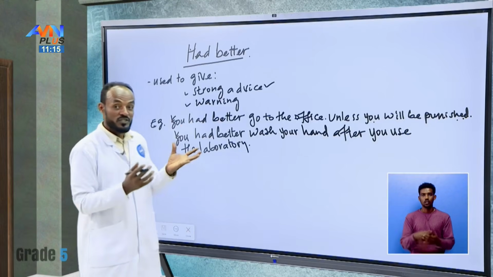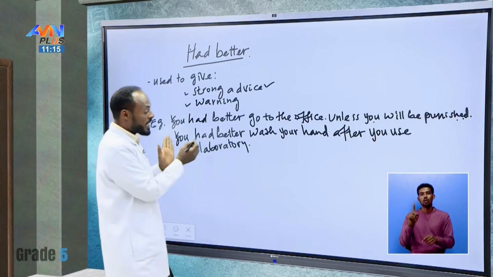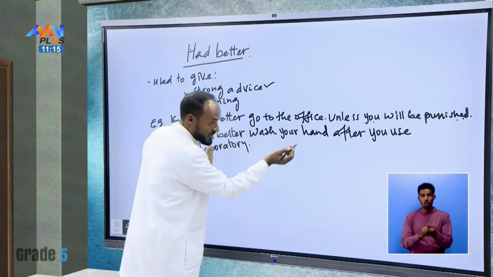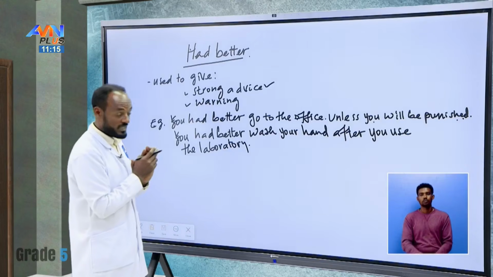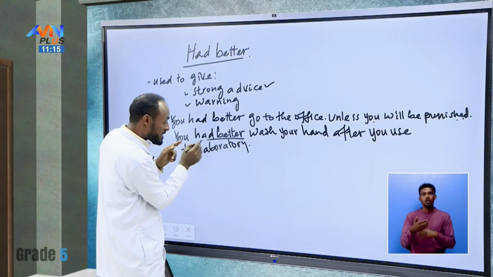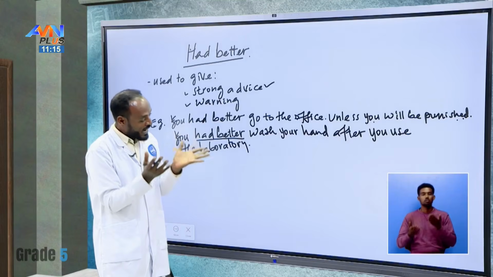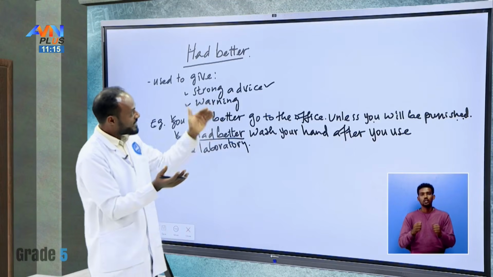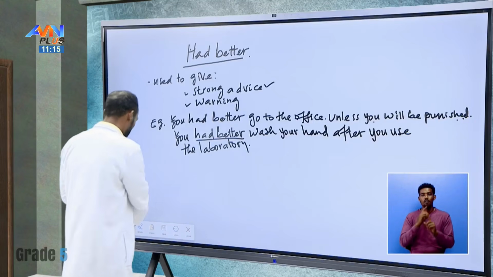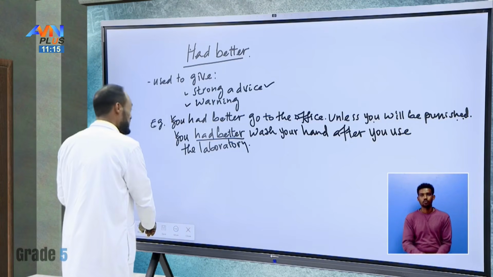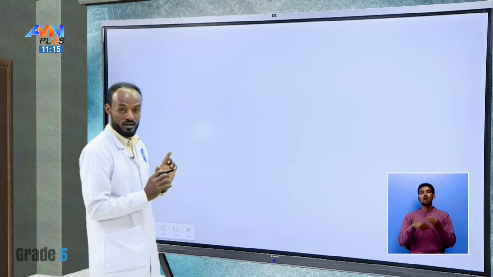Here, this one is just for one. Okay? You had better wash your hand after you use the laboratory. Am I right? So had better is here. Look, from this sentence, maybe we can derive the form of affirmative sentence. Is it clear? So in affirmative sentence, we can use different structures. Let's say something about that one by one.